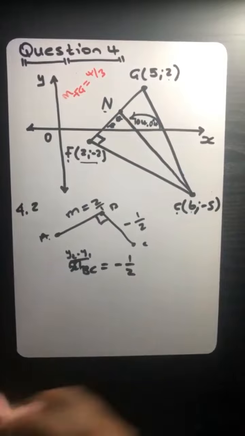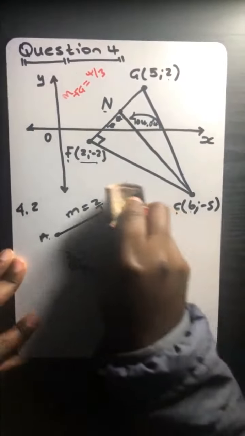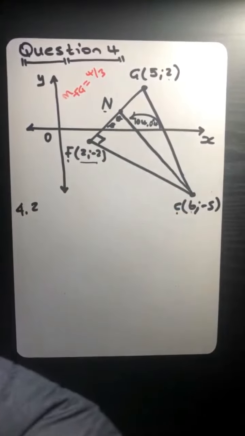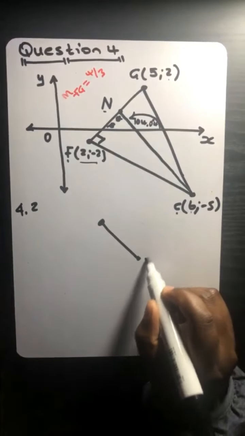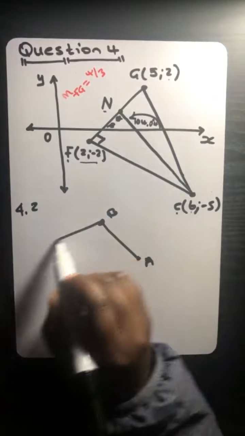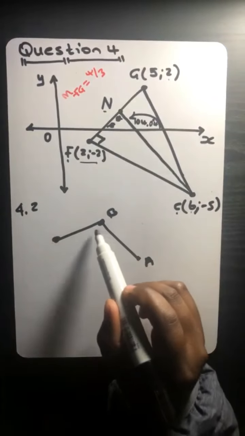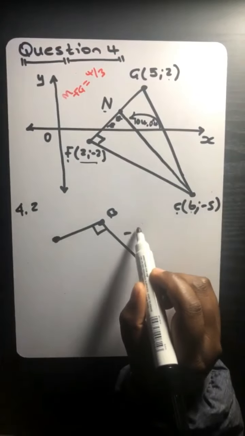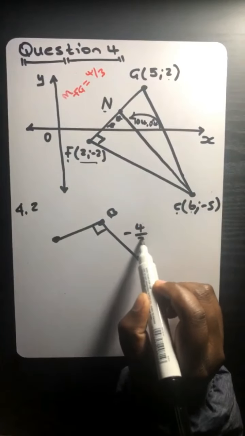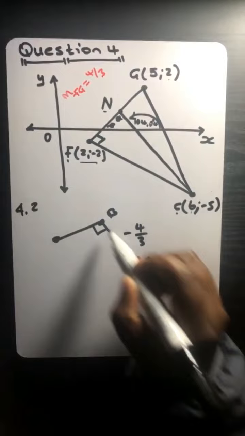So let me just give another example which I hope is going to make perfect sense. Let's say we've got a line which is line A, we have B, and then we have another line there. Let's say this is a 90-degree angle, and let's say that it was 4/3. So this is the gradient of that line.